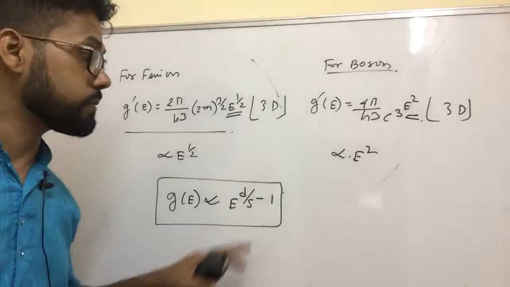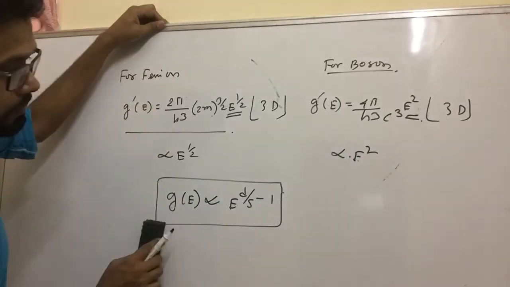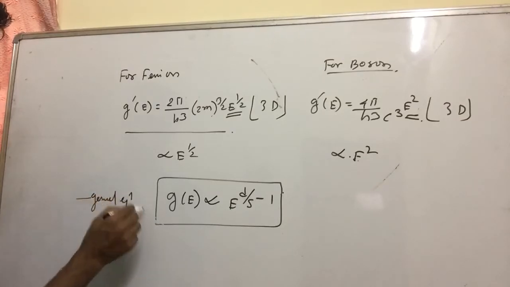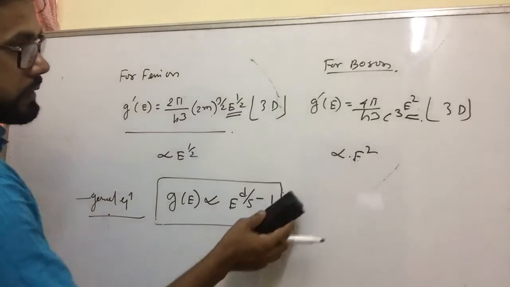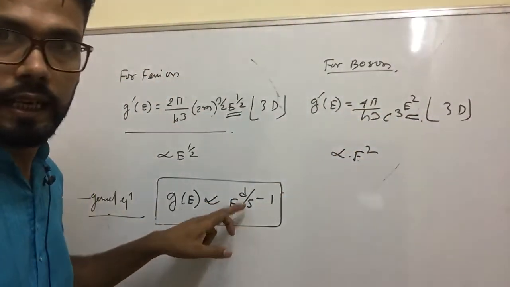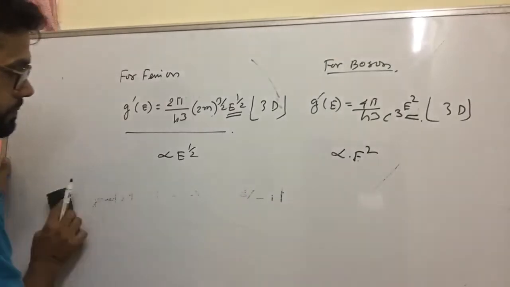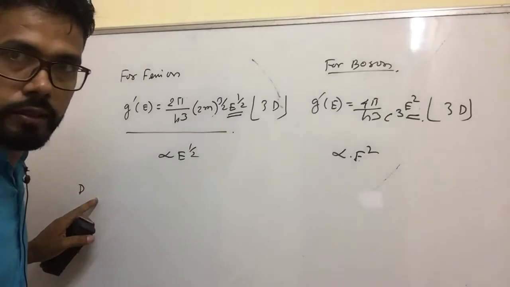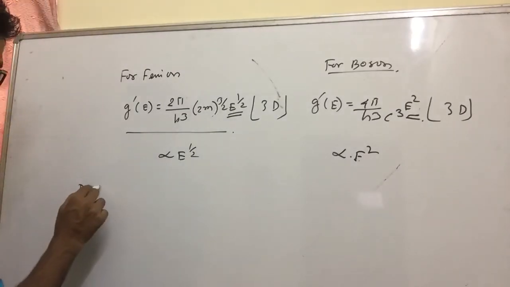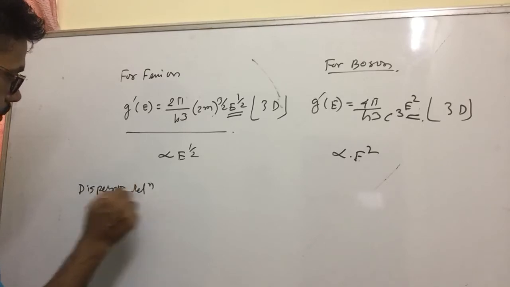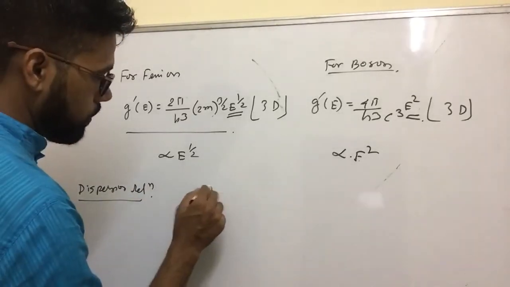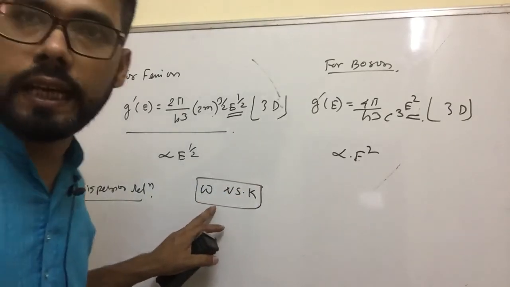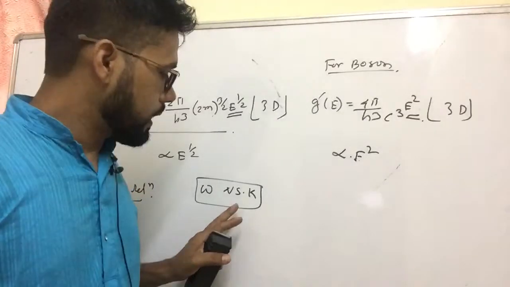Now you have to know what the dispersion relation is. This is the general equation. D is the dimension; if it is 3 dimension, then D will be 3. From where are you getting S? The value of S you can get from the dispersion relation, omega versus K. Omega is the angular frequency associated with any wave or any particle.